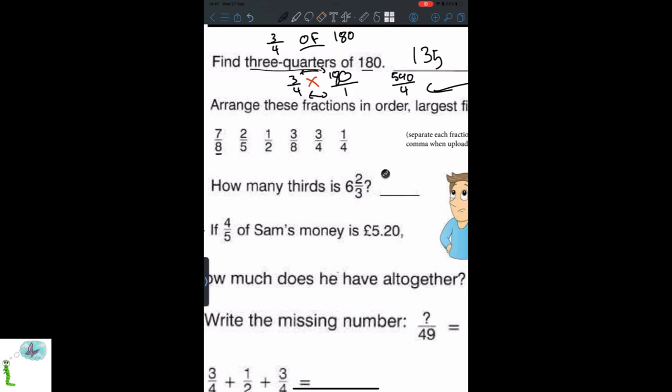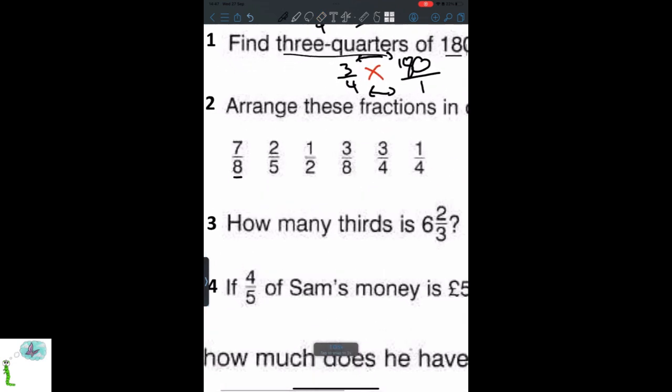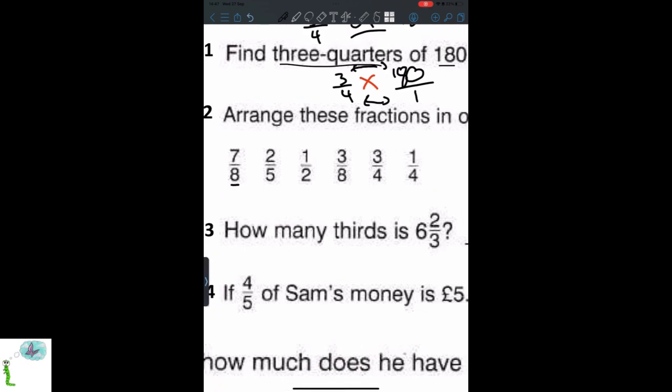If you didn't get that, I don't know. Anyway, so what we're going to have to do is find the number that all of these go into, because we can't make 5 into 8, can we? So this is called the lowest common multiple of these 4 numbers.